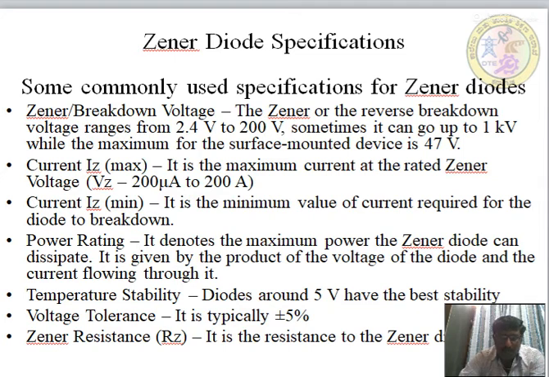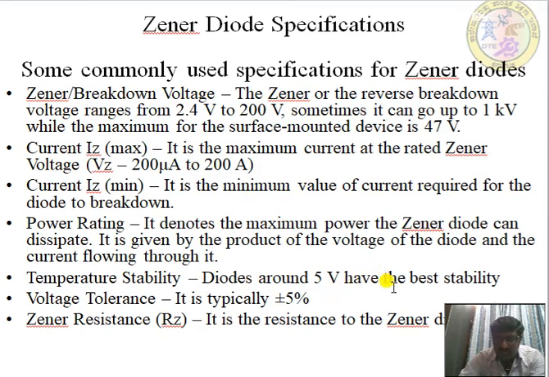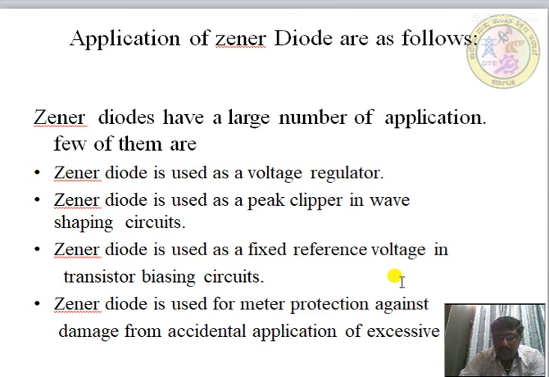Next, the voltage tolerance is typically plus or minus 5%, and Zener resistance is the resistance of the Zener diode.